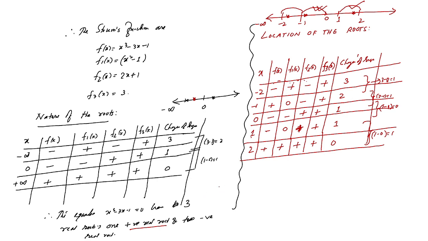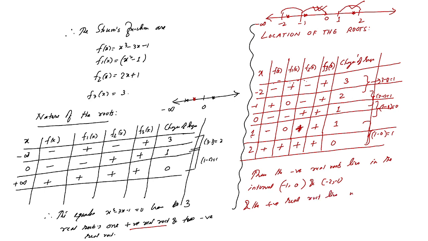So what do we conclude? Thus the negative real roots lie in the intervals (-1, 0) and (-2, -1), and the positive real root lies in the interval (1, 2).